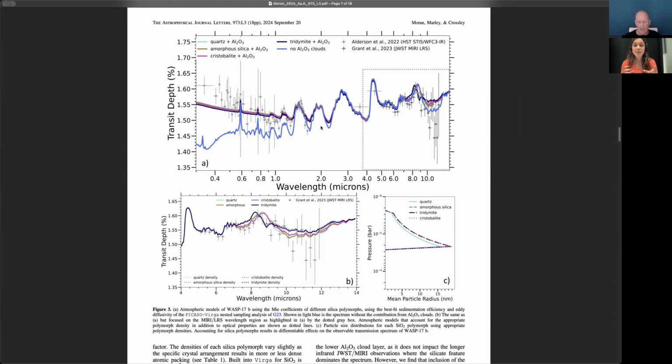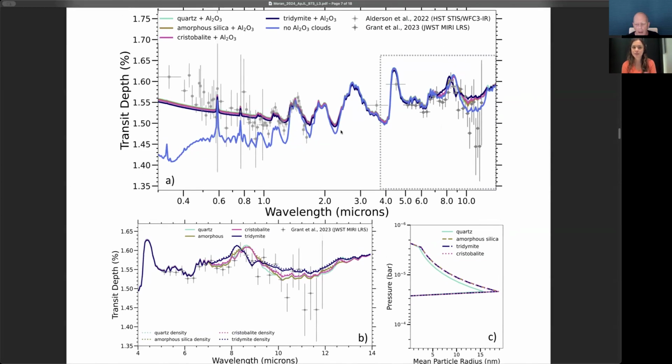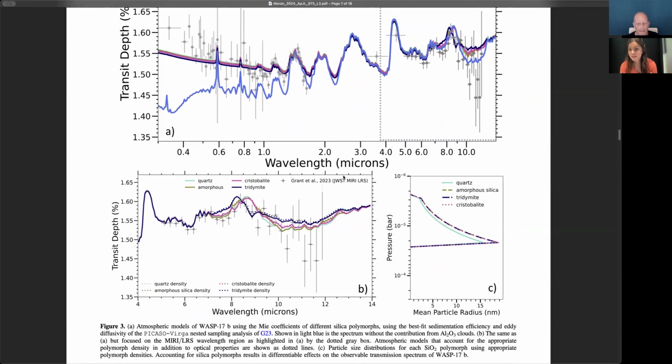If we then zoom into the lower panel, you can kind of notice from the top that not much is changing otherwise across all of those short wavelengths. It's only really at the MIRI wavelengths where we see differences. And that, of course, is driven by the fact that I used optical properties that were almost the same for those shorter wavelengths.